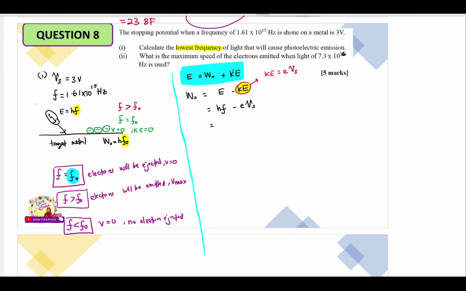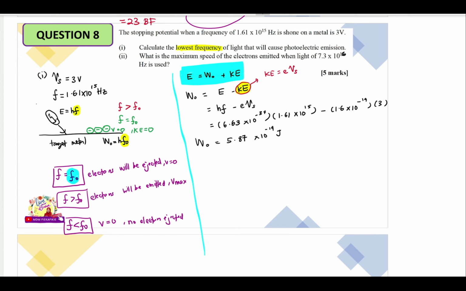Alright, so h kita boleh masukkan nilai dia 6.63 times 10 power of negative 34, and the frequency that we use for the light is 1.61 times 10 power of 15, minus e, the charge of the electron, and then the stopping voltage. Alright, so here we can calculate the work function, 5.87 exponent negative 19 joule.